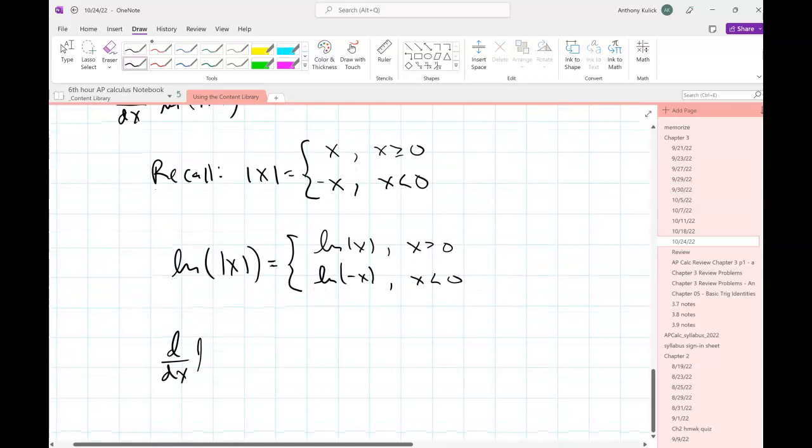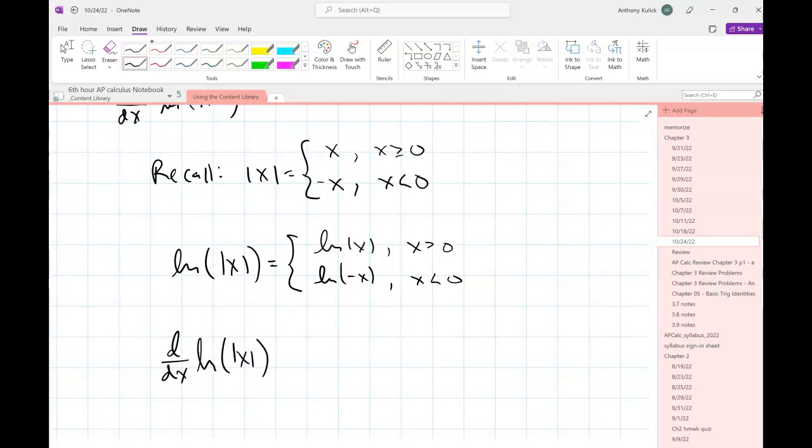So if I then do the derivative of this, I'm going to take the derivative of the natural log, which is 1 over x. And then I'll do the derivative of natural log of -x, which is, it's a chain rule, right? So it's going to be 1 over the inside times the derivative of the inside. And what do we notice here?